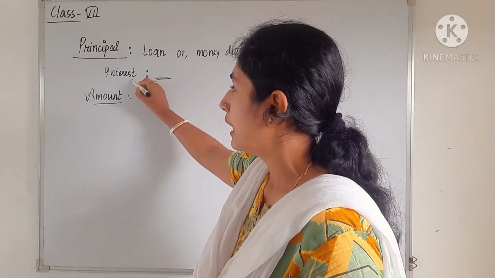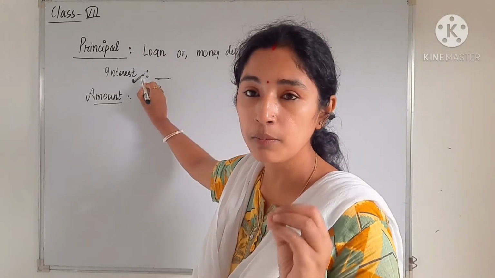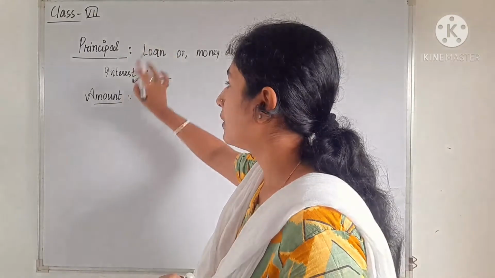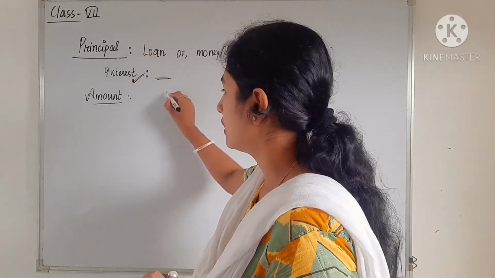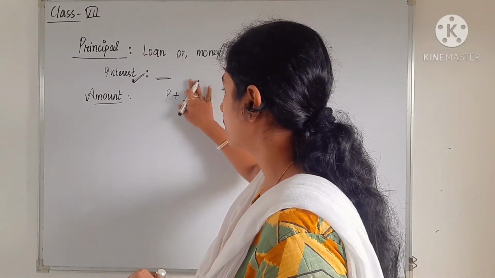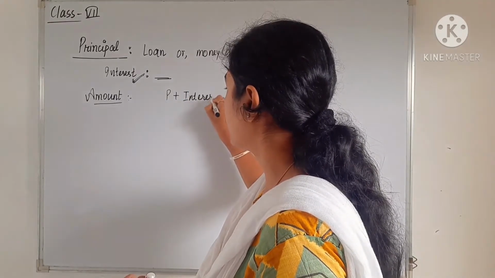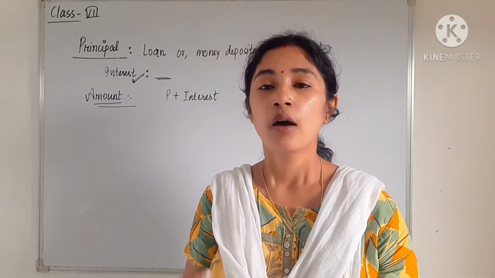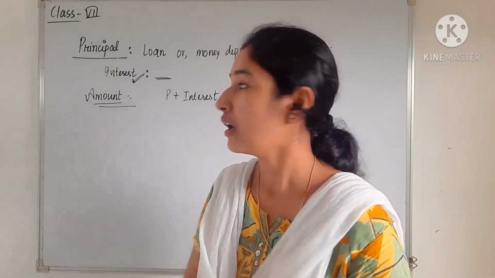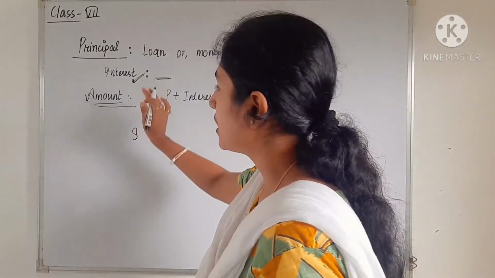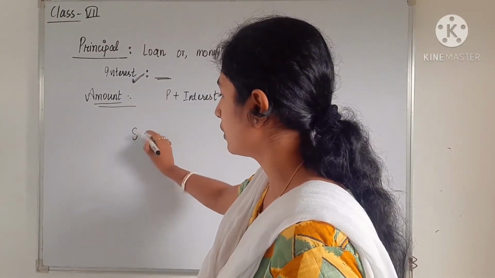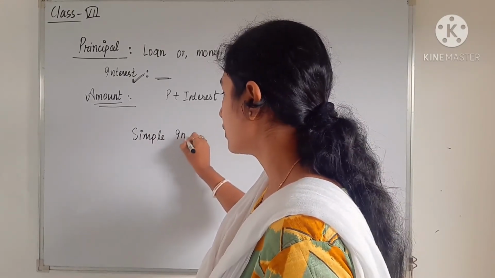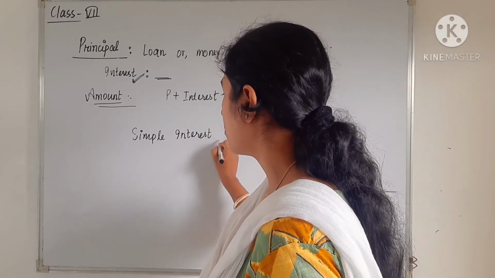That means the amount of interest depends upon the principal amount of money. The principal and interest will be added, and finally I will get the amount. That means amount is equal to principal plus interest. So here we are learning principal, interest and amount, and the interest which we have to read here is simple interest. There are two interests, one is simple interest and the other is compound interest.